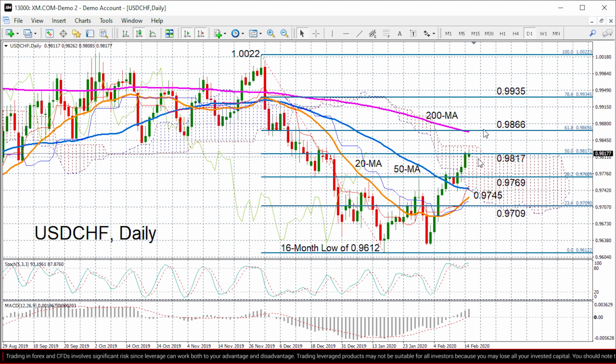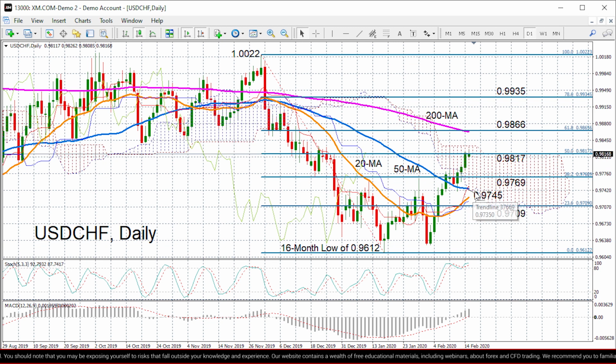If though we do see prices reversing lower again, then support should initially come at the 38.2% Fibonacci at 0.9769. Below that is the 50-day moving average at 0.9745. That's also near the bottom of the Ichimoku cloud.